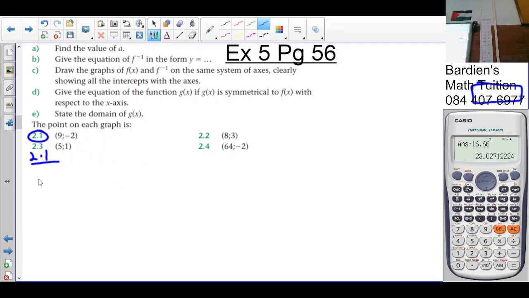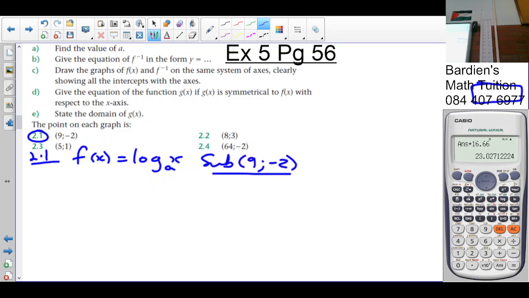So the question says find the value of a. So how do we solve for a? Remember, that is one unknown in this equation. So what we need is 1 point. So we substitute 9 and negative 2 into f of x. So that's an x and a y. So do the substitution quickly.